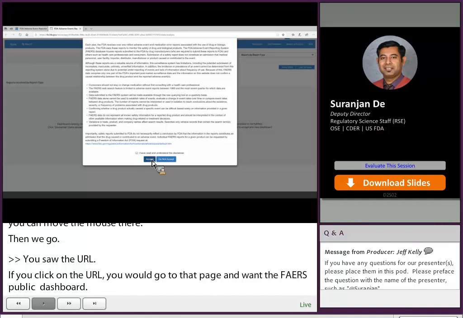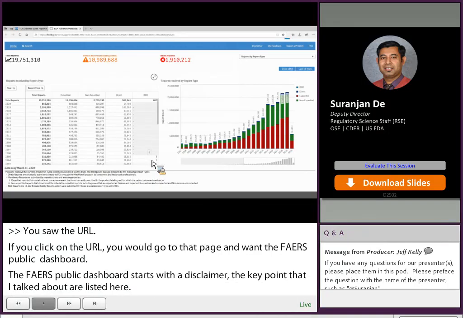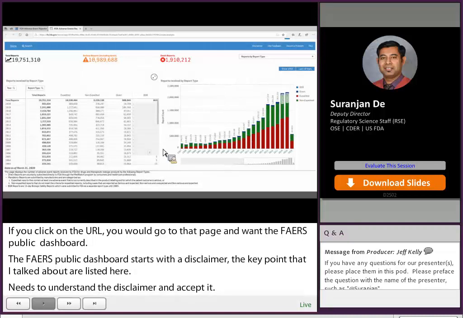As you accept it, you come to the screen where it gives you a very high-level view of all the reports reported from 1969. The data is updated quarterly, so the data is as of March 31st, 2020.